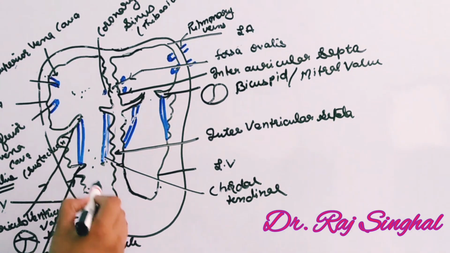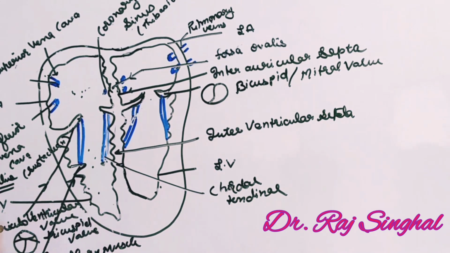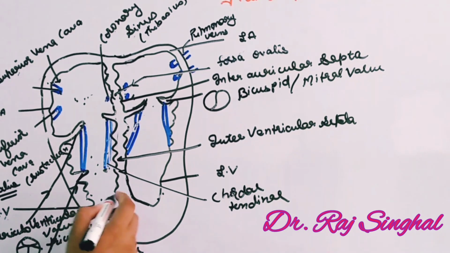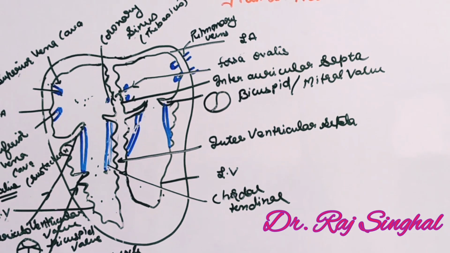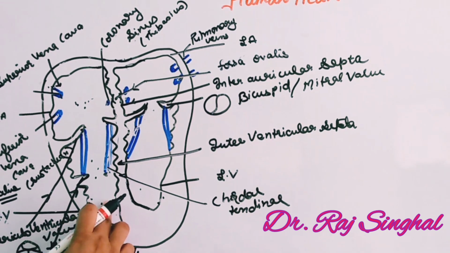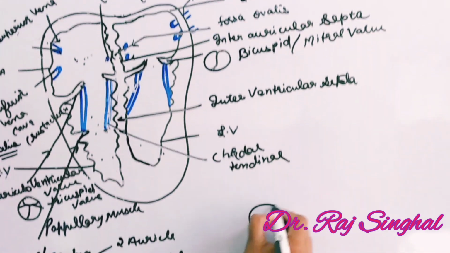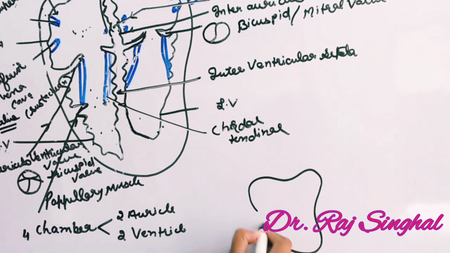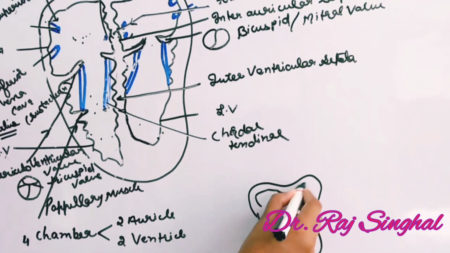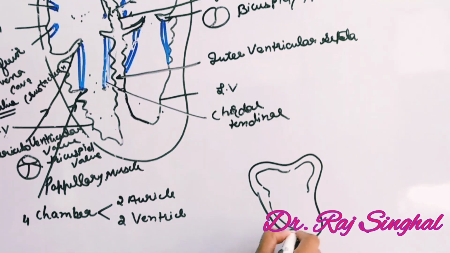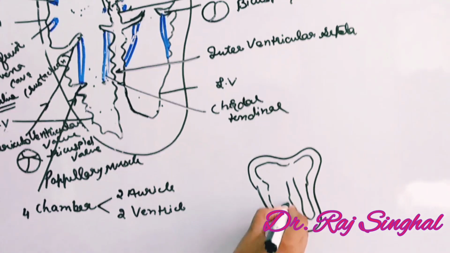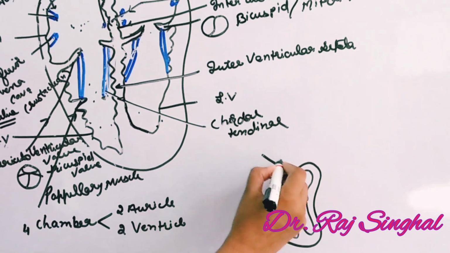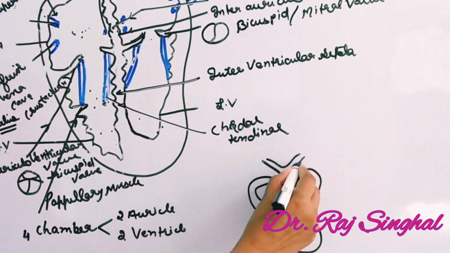Now, when the blood comes in the ventricle, there are two main aortae which transfer the blood to lungs and the body. From the right ventricle arises a T-shaped aorta.